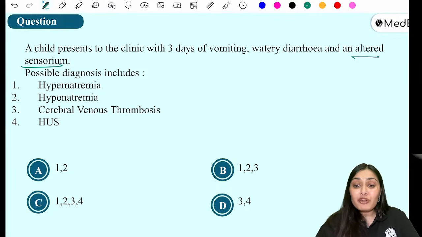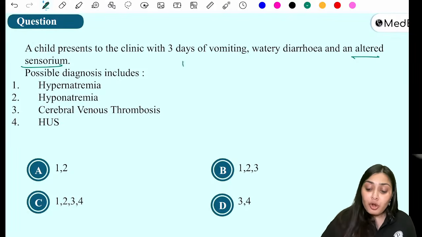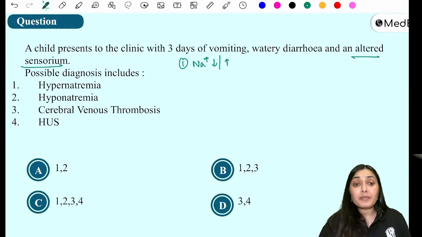So remember, whenever a child with loose stools and vomiting presents with some CNS manifestation, it could be altered sensorium, it could be seizures. What are the causes? A very simple statement is given in your Ghai textbook of pediatrics, and you should not ignore that statement. So what are the causes? Remember, first cause is sodium, hyponatremia or hypernatremia.